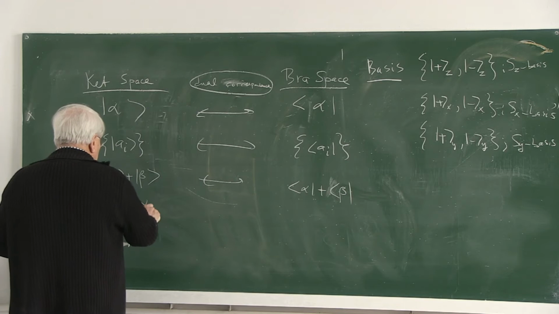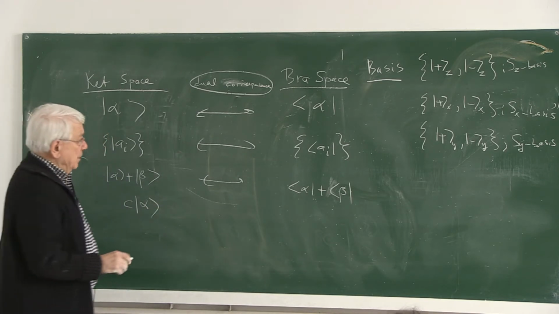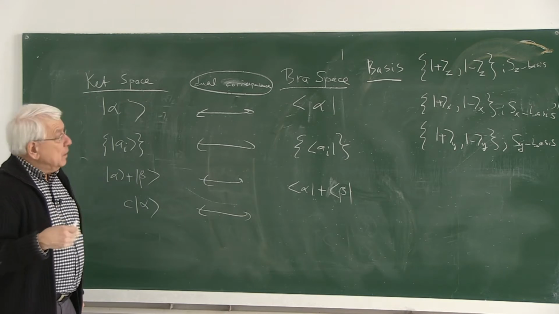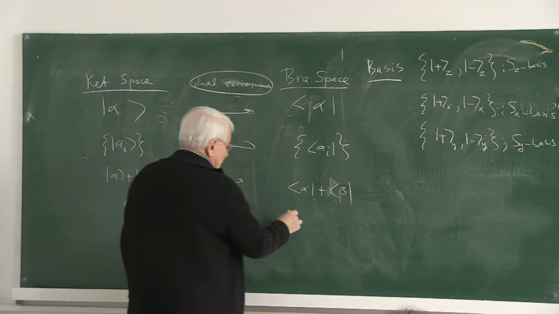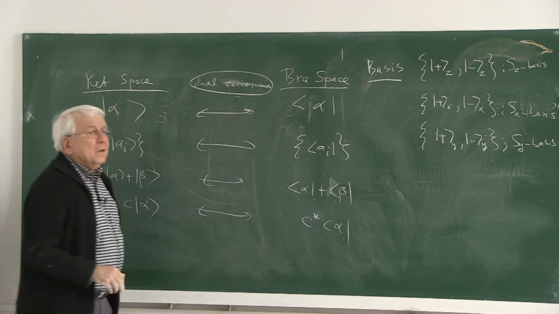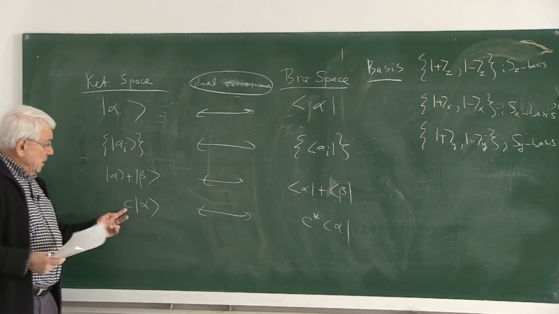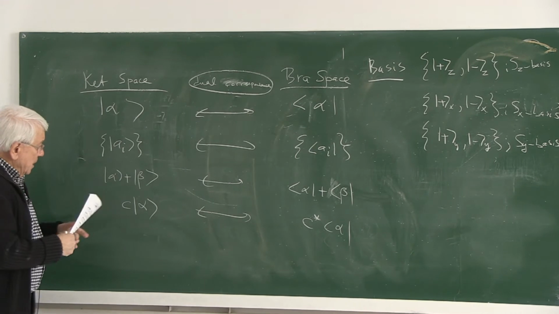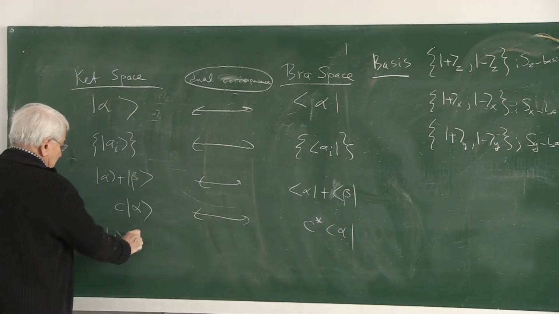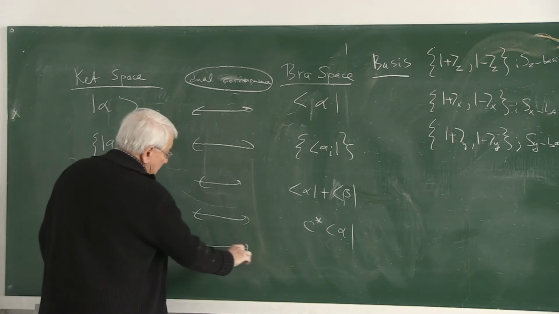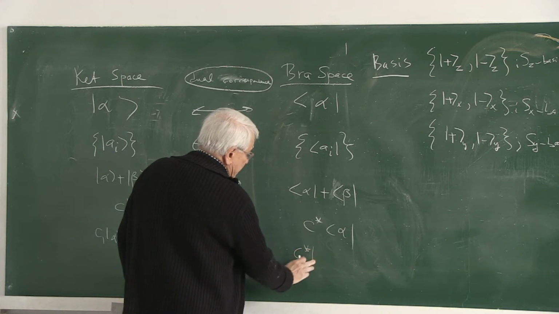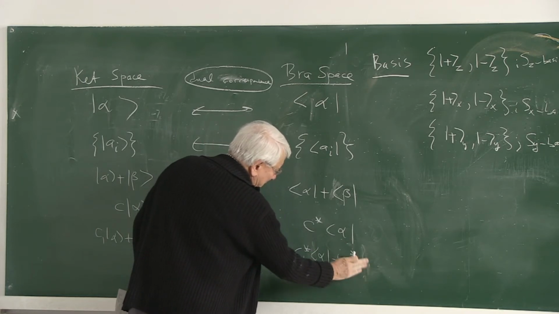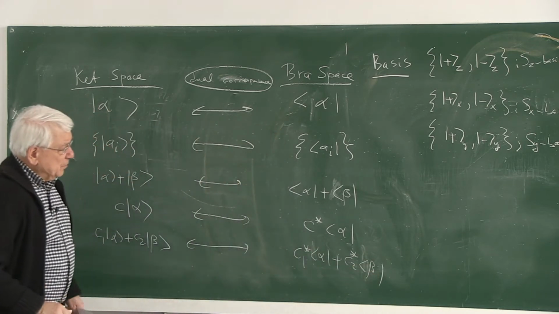Similarly, you can multiply a cat with a complex number, and that's really the new feature which makes its peculiarities more manifest. The corresponding bra in the dual space is obtained by taking the conjugate of the C, or we can generalize this and write this as superposition of two arbitrary cats, and its dual correspondent in the bra space is denoted as such.